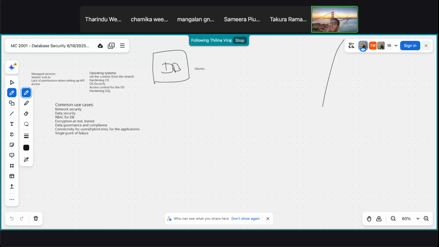What else? Data location and sovereignty issues. That means you don't know actually where your data resides. When we talk about security and compliance, you should know where your data actually resides.